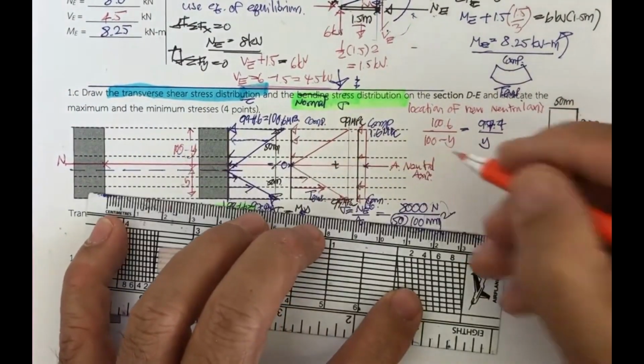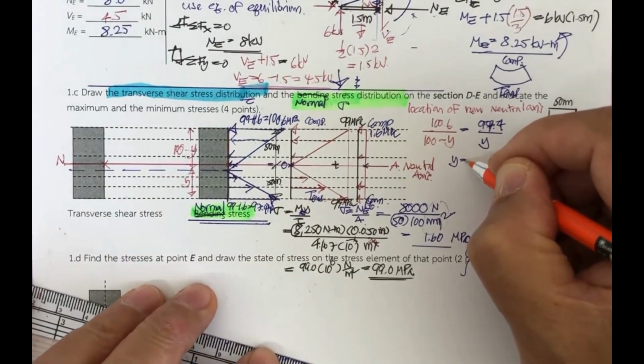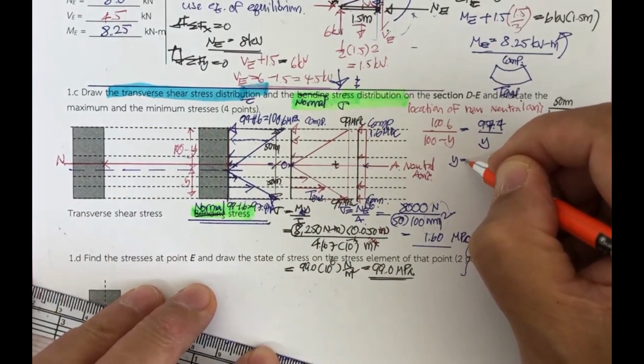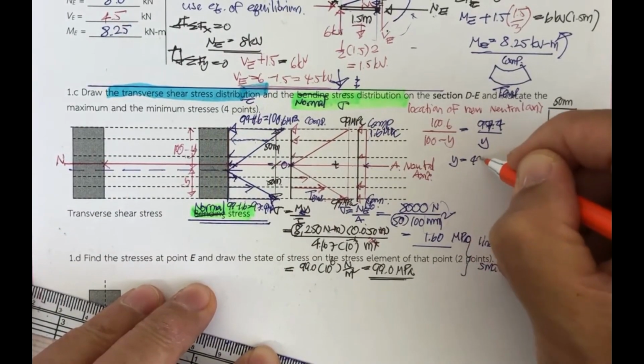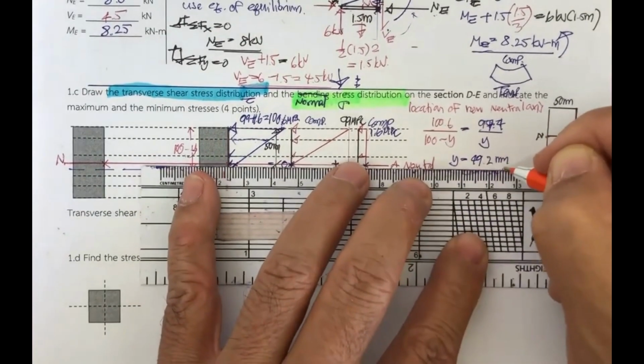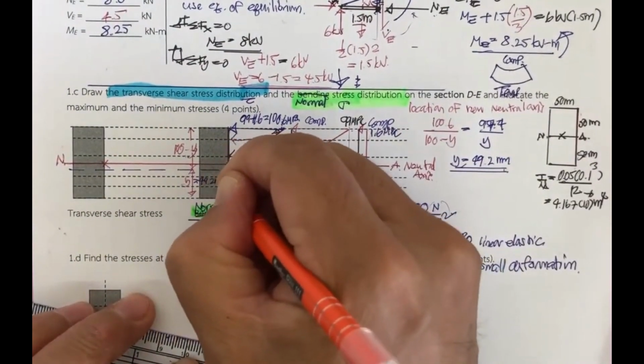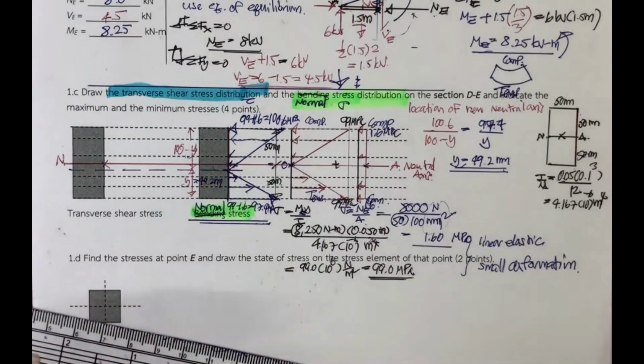If you push everything into your calculator, the new location of y is going to be 49.2 millimeter. This is the position if you measure from the bottom. Okay, you can get this, and this is going to be the normal stress distribution.